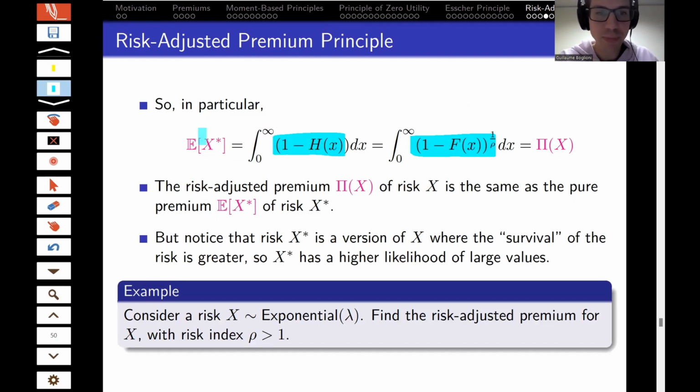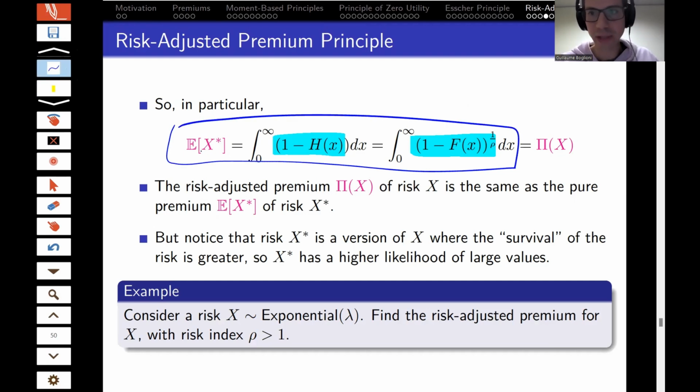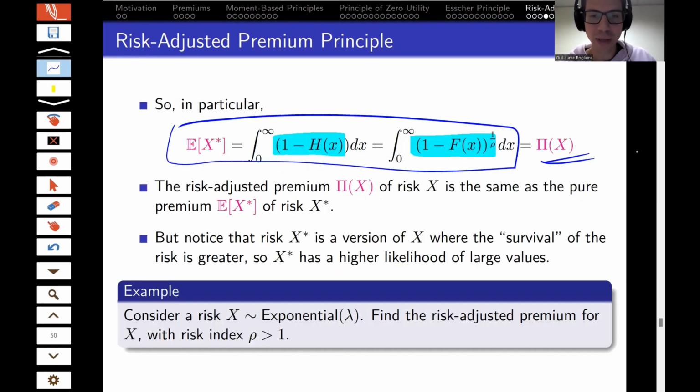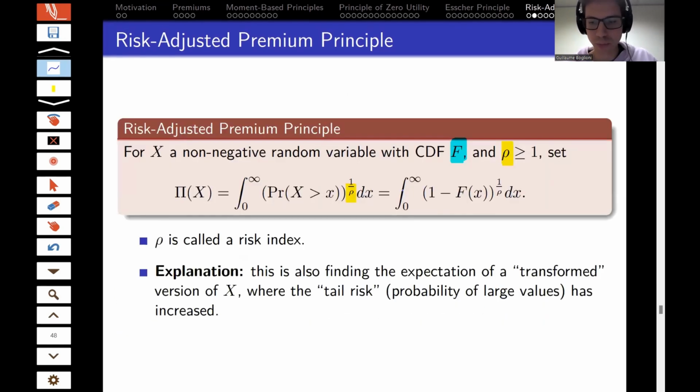This is true just by how we constructed X star, by definition. But then we realize this exactly matches the premium under our premium principle. So again, as we said, this X star, as a pure premium, as an expectation, is equal to the premium under this risk-adjusted premium principle.